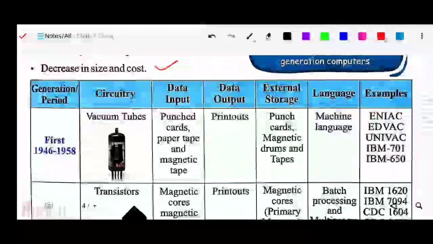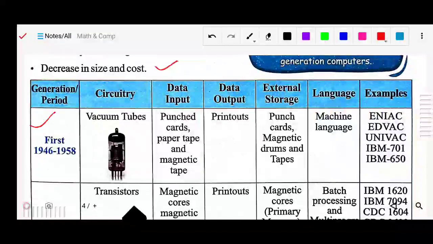So first of all, the first generation computer. It was developed in the years 1946 to 1958, and the technology used was vacuum tubes. Data can be inserted by punch card, paper tape and magnetic tape. These are the inputs by which we insert data in this generation.